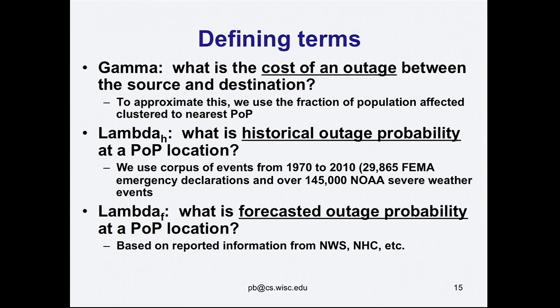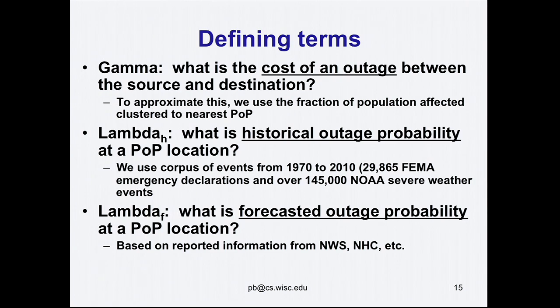Secondly, we consider actually two aspects of risk in this study. One is the historical probability of outage, so this is a static notion, and we consider this using a corpus of events that we gathered from FEMA and NOAA over a period of 40 years. So this is, of course, available to anyone. But one of the nice things about these data archives is that they give detailed information about the particular geographic locations in which the events took place.